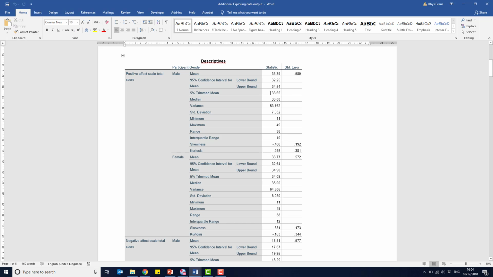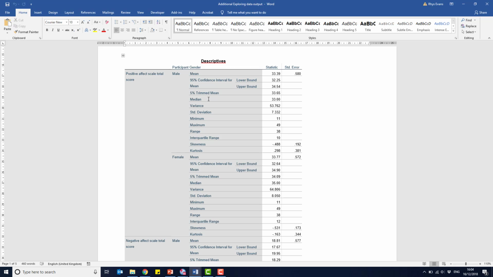What we can see here is for the males, the mean is 33.39, and the trimmed mean is 33.65. So there has been a slight change, but it's not huge. So again, that's not too concerning. I'll also look at something called the median value, which is the mid value of the data set. And in a normally distributed variable, the mean and the median will actually be perfectly the same.